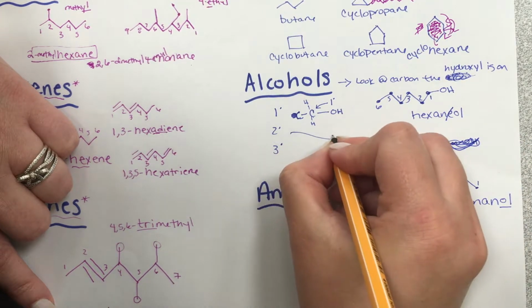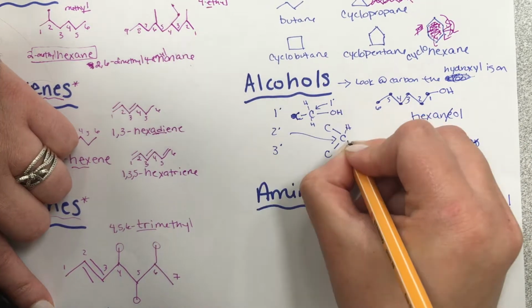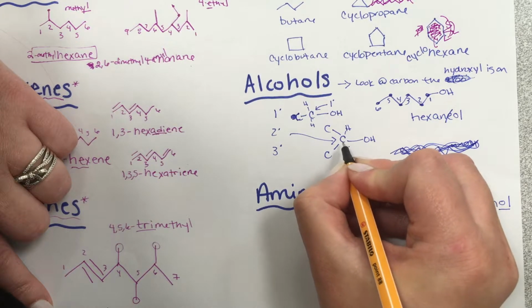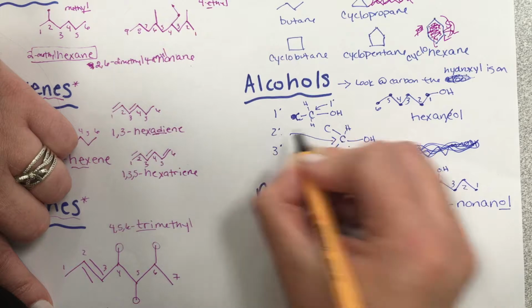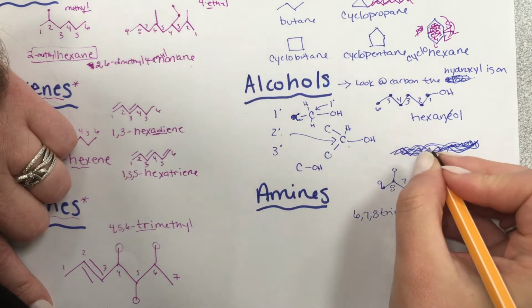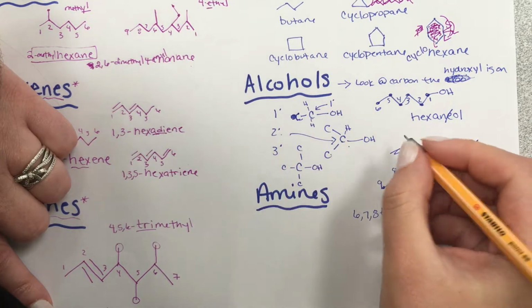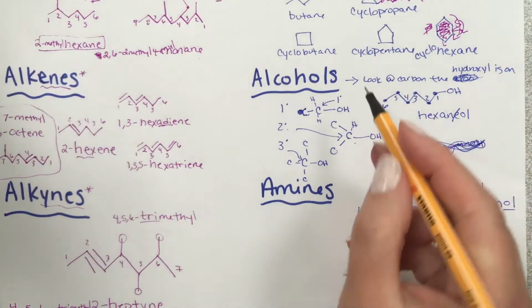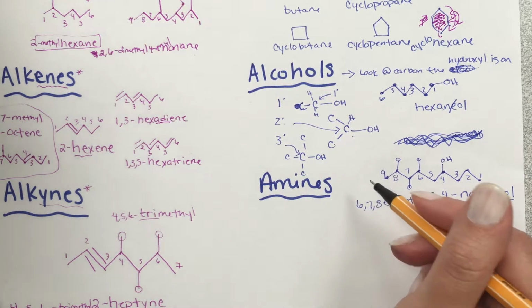If the carbon that the hydroxyl group is connected to has 2 carbons on it, we're looking at this carbon, and there are 2 carbons connected to that one, it's secondary. If the carbon that the hydroxyl group is connected to has 3 other carbons connected to it, that's tertiary.